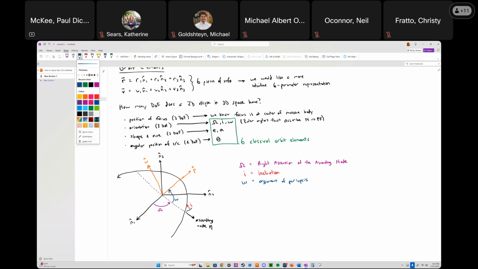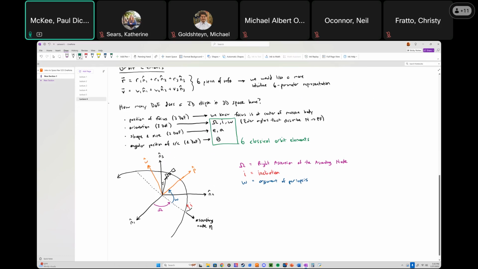And then from here, if you've got a spacecraft which is orbiting at this point, then it'll have some position, r, and the angle between r and periapsis is theta. Right? That's our familiar true anomaly.